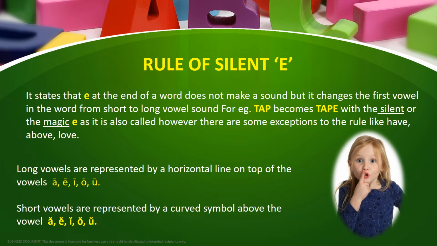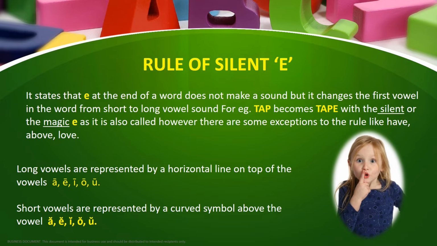I would also like to tell you how these vowels are represented in a dictionary. Because if you come across a new word and you're looking it up in a dictionary, you will see the pronunciation also written there. So it assists you, it helps you in pronouncing the word correctly.